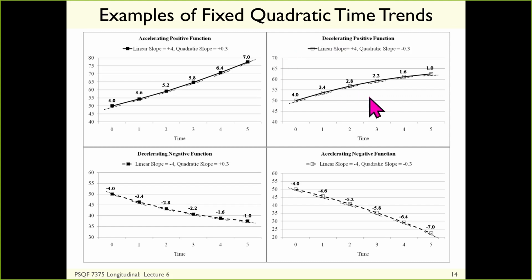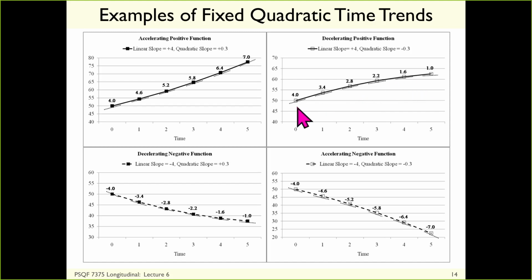My focus is on which section of the u that you're on, and thus what the verbal description of change would be as a consequence of the interaction of which type of linear you have and which type of quadratic. So this negative quadratic, for instance, right here, in this top right picture, is slowing down a rate of growth.